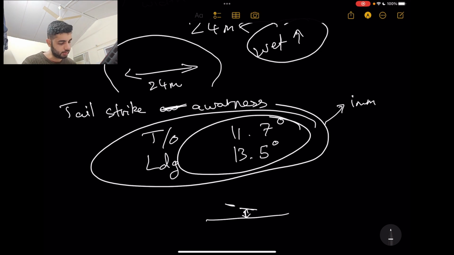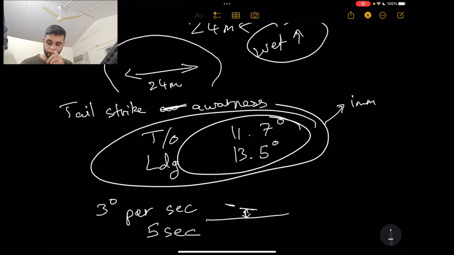Otherwise, Airbus has said 3 degrees per second for 5 seconds. So you can do an immediate pull to 11.7 before you get a tail strike, or when landing, 13.5 before you get a tail strike.